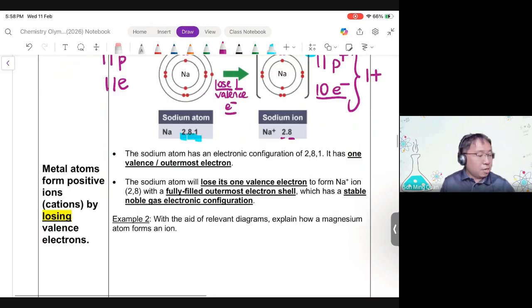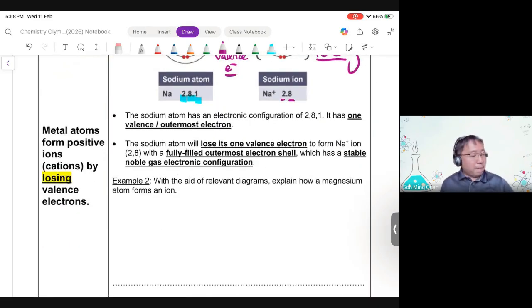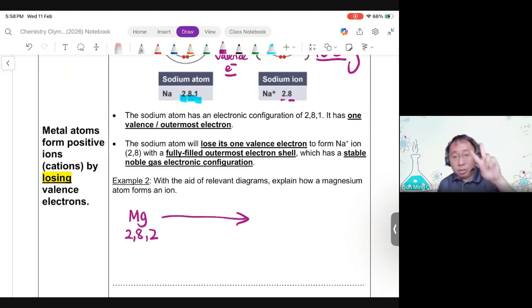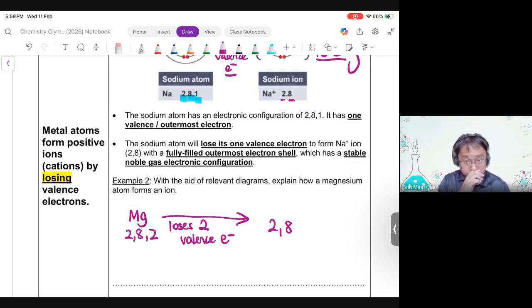Okay. So now, very quickly, magnesium. Magnesium is 2,8,2. Again, 2,8,2 clearly is not a fully filled outermost shell, right? 2 electrons in the outermost shell, that is not fully filled. So what will magnesium do? Magnesium loses 2 valence electrons. By losing 2 valence electrons, magnesium will achieve 2,8.